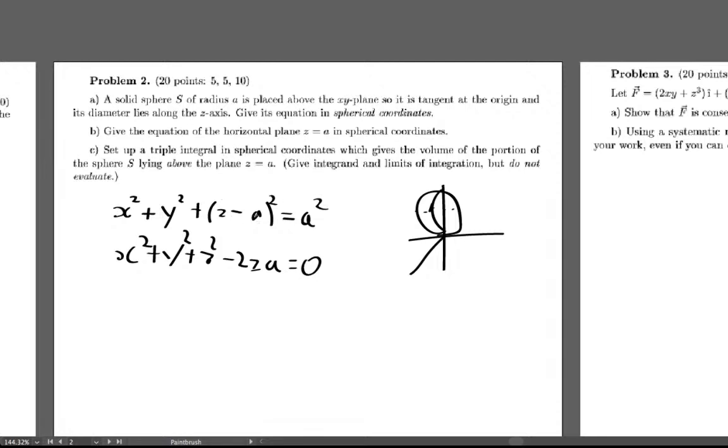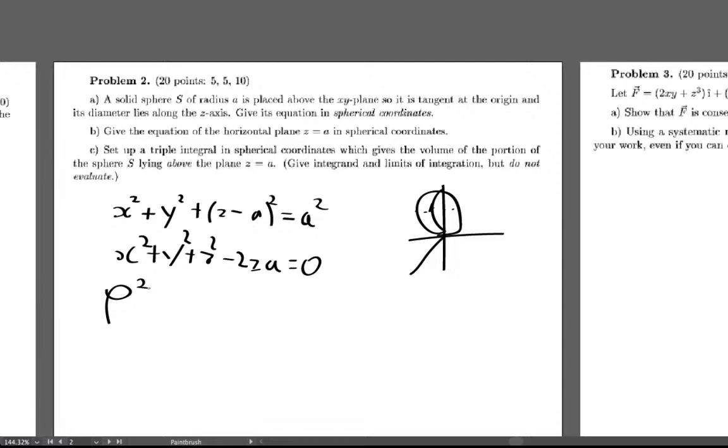Okay. So now if you want to figure out what this equation is going to be, first thing first is that x squared plus y squared plus z squared is going to be rho squared. That is something that we know. And rho here is basically the distance from the origin.